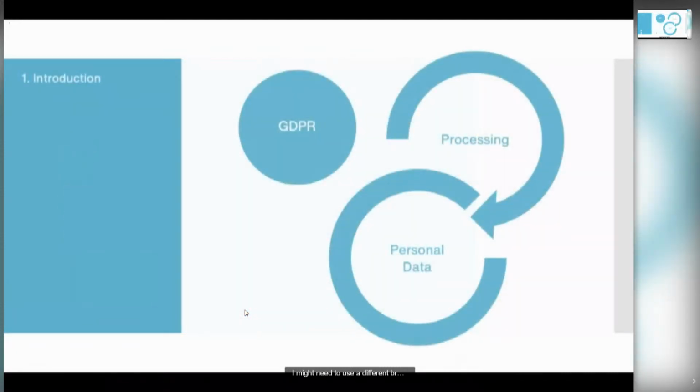Firstly, I'd like to remind you that the European General Data Protection Regulation, the GDPR, only applies if personal data are processed. So if you develop products that don't imply any processing of personal data, then the GDPR doesn't apply to you, and you don't need to worry about data protection by design and default.